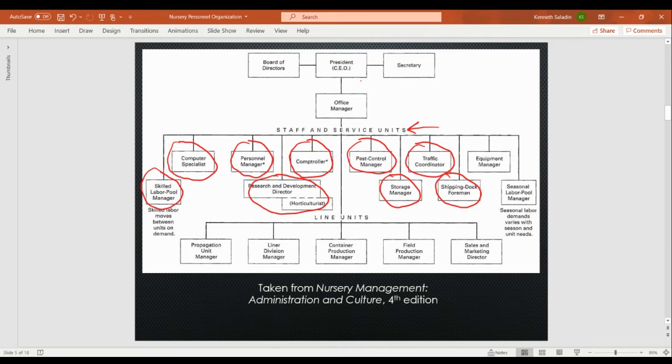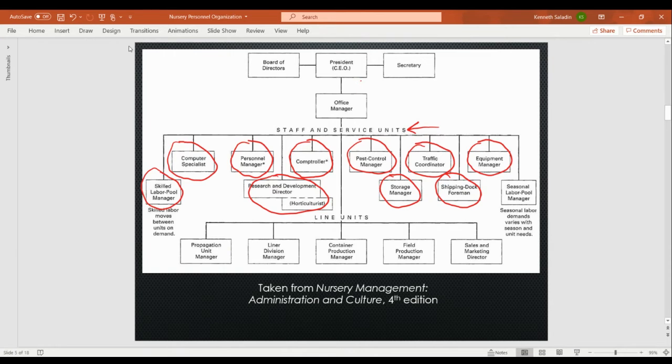Most nurseries, including the nursery that I worked for in Northern Illinois, have a shop, and in charge of the shop, here they call it an equipment manager. But there's going to be somebody that is going to be qualified to maintain and repair all the different kinds of equipment that the nurseries use.